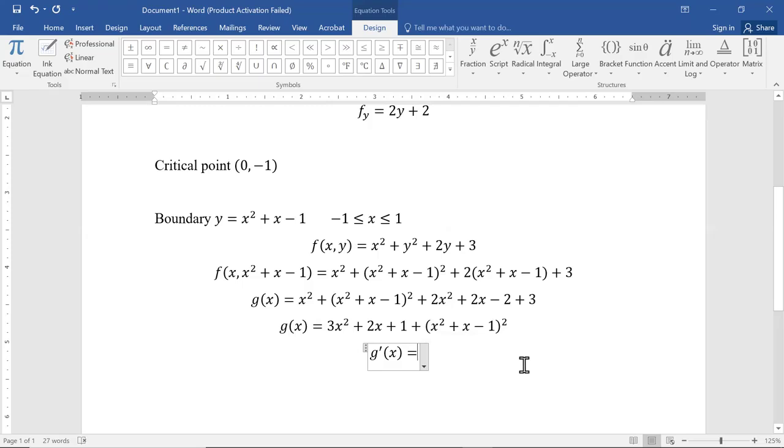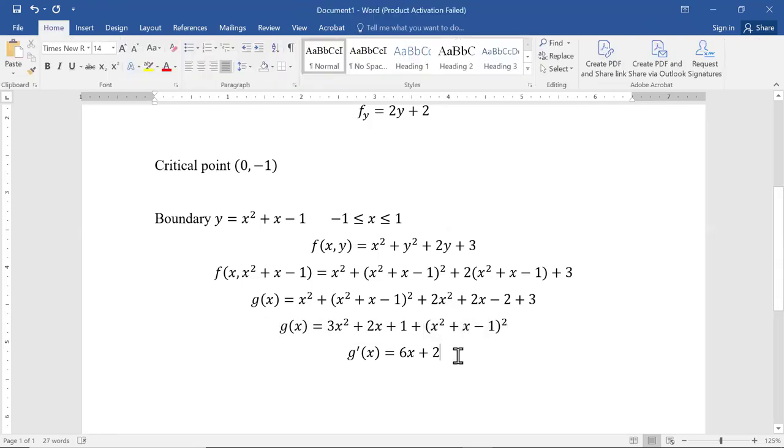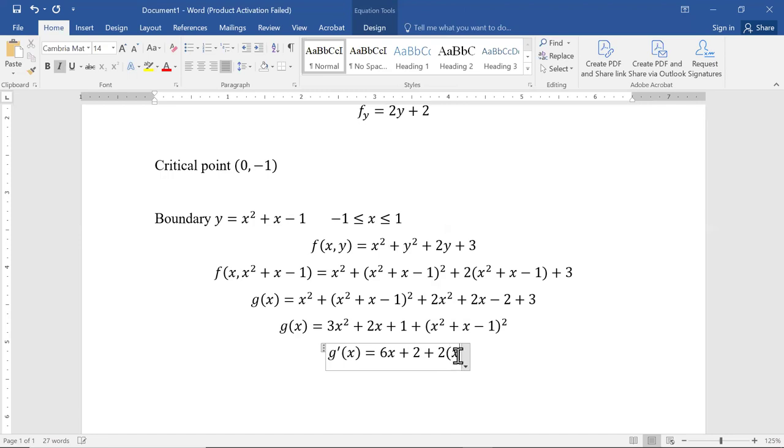So the derivative is going to be 6x plus 2. The derivative of 1 is 0. The derivative of this is going to be 2 times the quantity x squared plus x minus 1 times the derivative of the inside function.